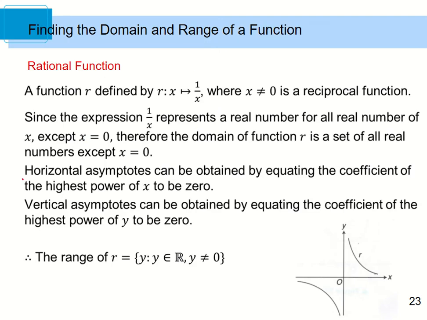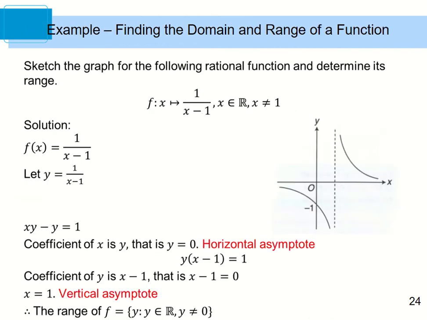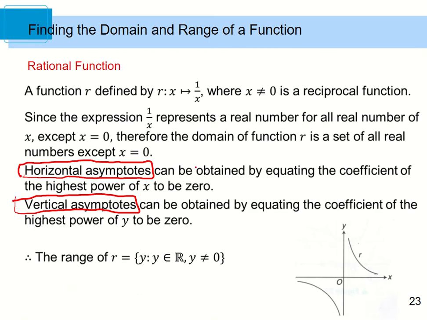So to find the domain and the range of the graph of the function, the horizontal asymptote and the vertical asymptote play a very important role. Now, how to find the horizontal asymptote?